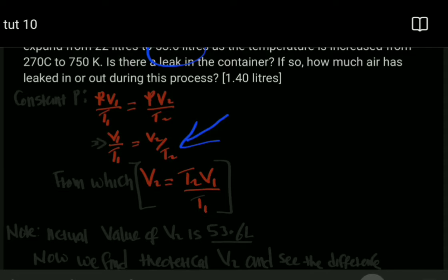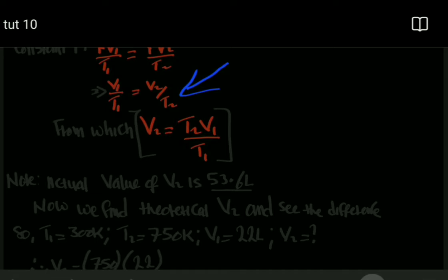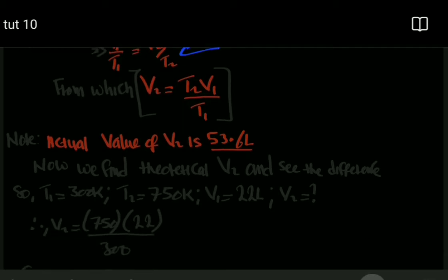Okay, after reaching this stage, we can now obtain the expression for V2 as V2 equals T2 times V1 over T1. Okay, so if this is our expression for V2, and we know that the observed value of V2 is 53.6 liters, then what is this theoretical value of V2 looking at the other conditions such as the temperature and the initial volume?